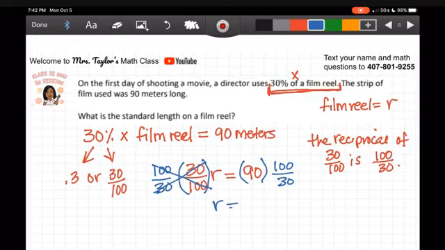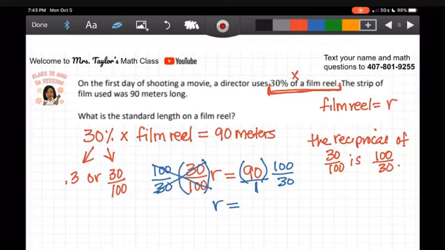On the right-hand side, I can make this 90 over 1, and then I can multiply the fractions. Now, when I multiply fractions and they're big numbers like this, I like to simplify my factors first. So I know that this 90 and this 30, one numerator and one denominator, have something in common. I can divide both of these by 30.